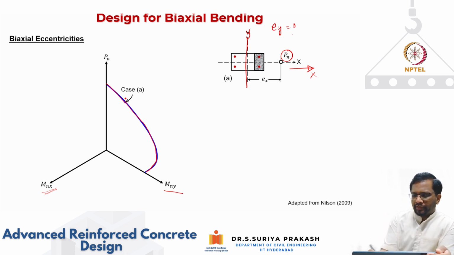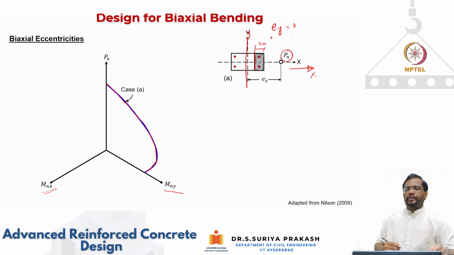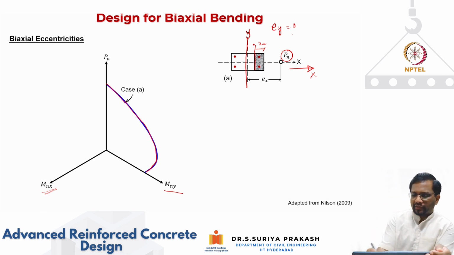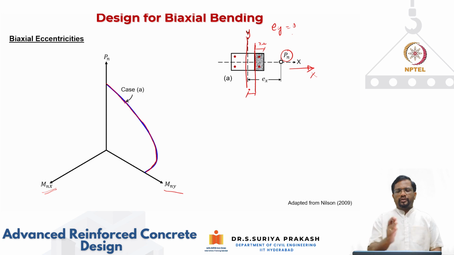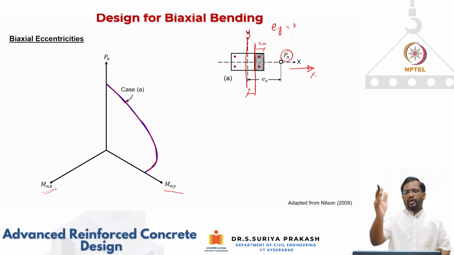What you can note here is this is basically the depth of your neutral axis, or XU. So for uniaxial bending, you find that the neutral axis, which is this axis, is always parallel to the axis of bending. In this case, the axis of bending is y, so your neutral axis is going to be parallel to the axis of bending.